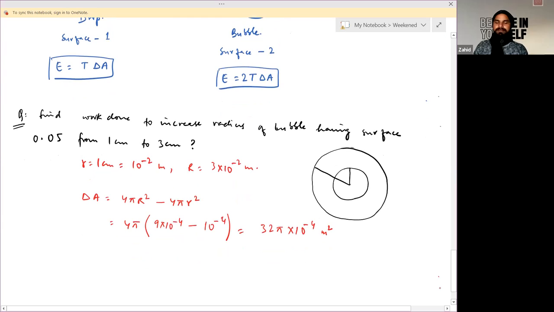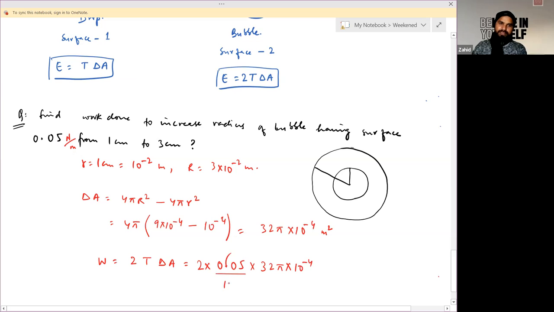Abdul Wahid, is it clear? Now, according to the above formula for a bubble, the work done will be 2 times surface tension into change in area. 2, surface tension is 0.05 Newton per meter, times change in surface area 32 pi into 10^-4.